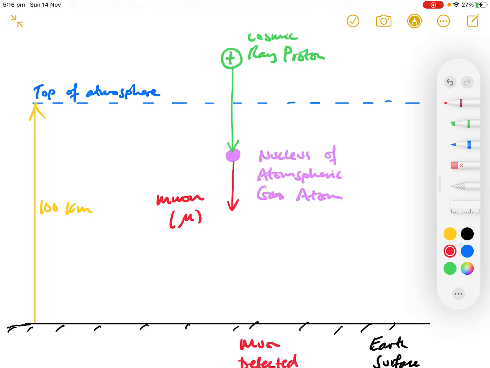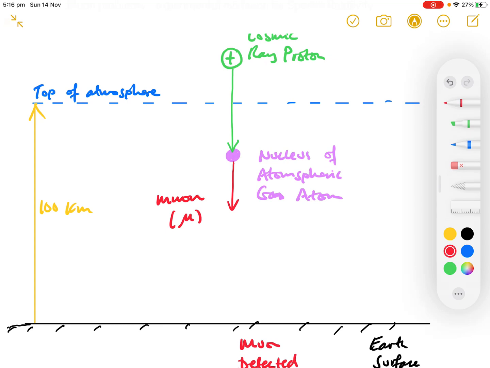Now, typically, muons only last for a fraction of a second. A typical half-life for a muon is about 2.2 microseconds. So if you have a group of muons, after about 2.2 microseconds, half of them will have changed into some other particle.